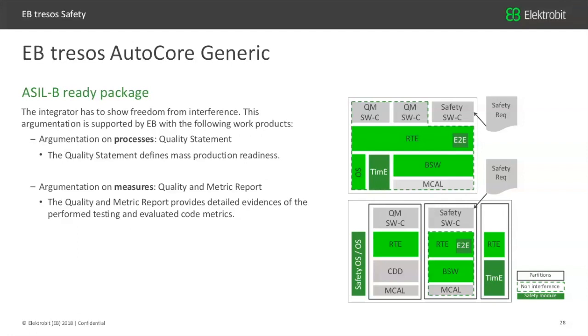So the use cases: either you do not have the possibility, that's the upper picture we see here, you don't have the possibility to implement a partitioning concept because you don't have memory protection available on the chosen hardware, for example.